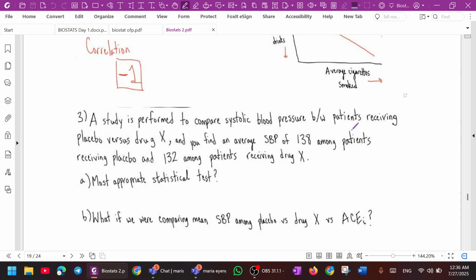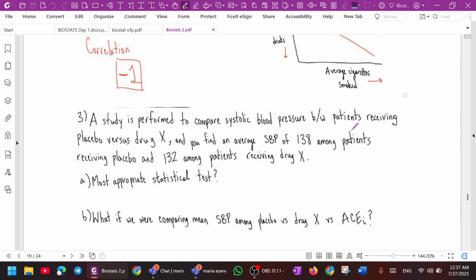What if we are comparing mean systolic blood pressure among placebo versus drug X versus ACE inhibitor? So we are comparing systolic blood pressure, placebo, drug, more than 3. So it is ANOVA. You tell me, what do you want me to write and where? Most appropriate statistical test is ANOVA.